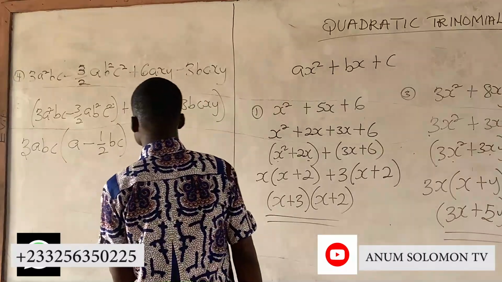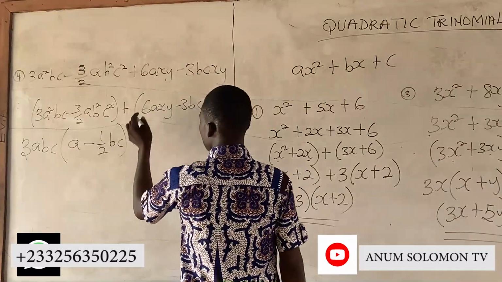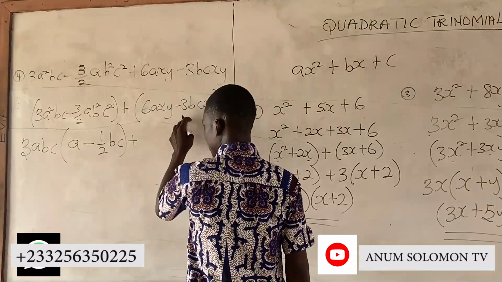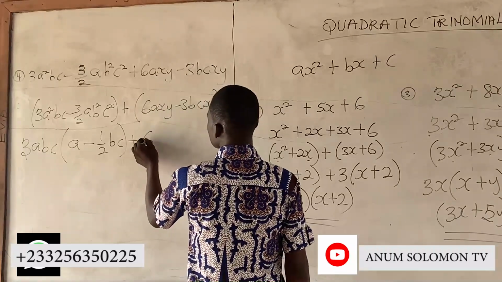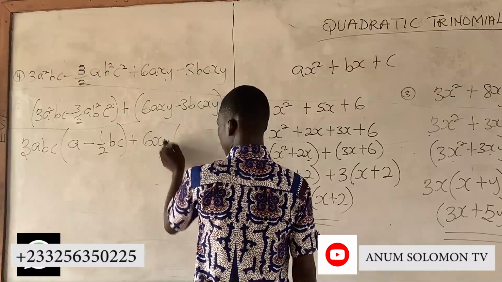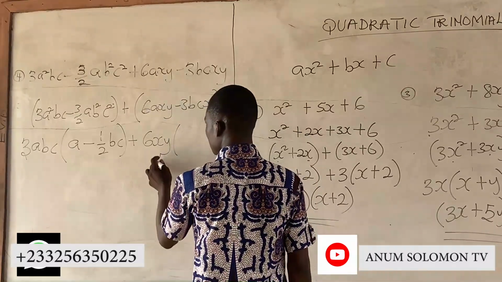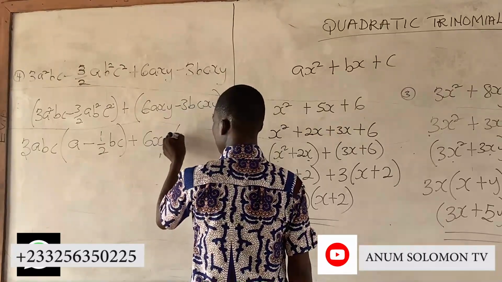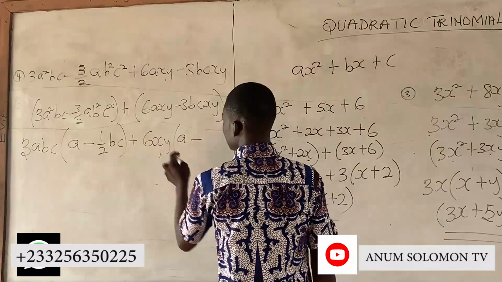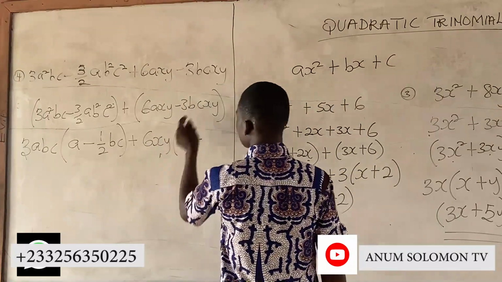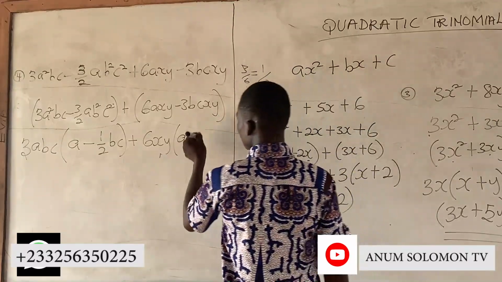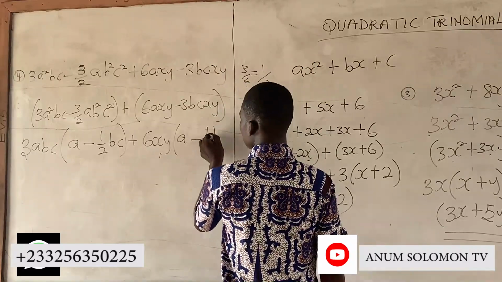Now let's move on to the second bracket. Since here is 1 over 2, we have to get 1 over 2 here. So let's factor 6xy out. 6 goes into 6, 1. xy cancels xy, leaving a. Then minus, 6 goes into 3, meaning we have 3 over 6, which is 1 over 2 bc.